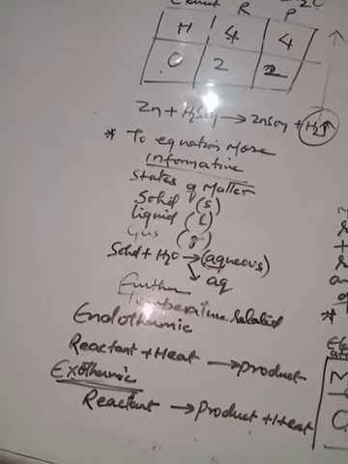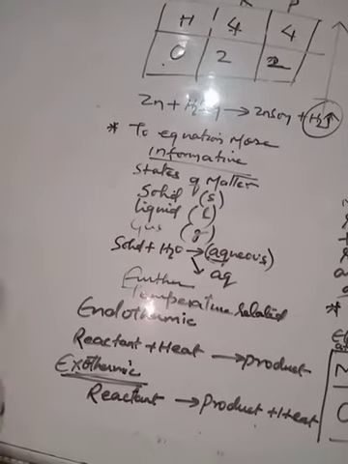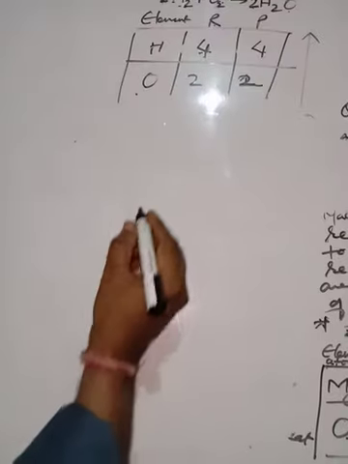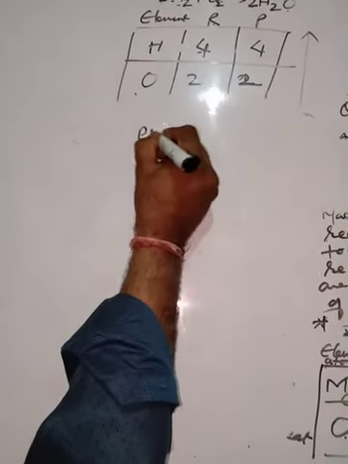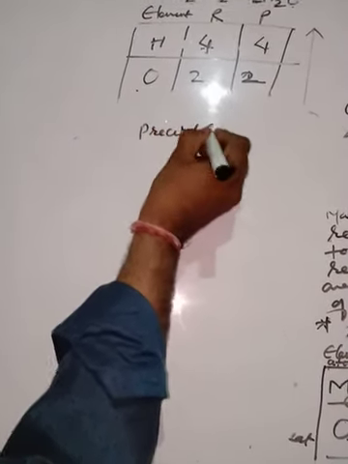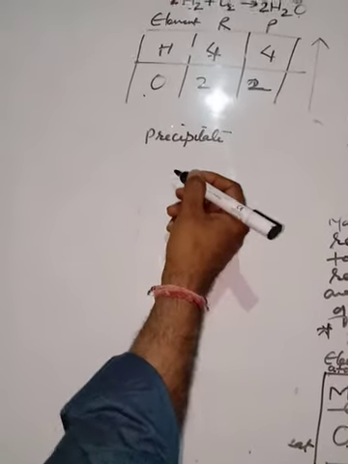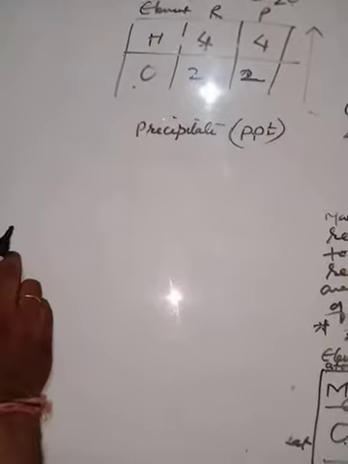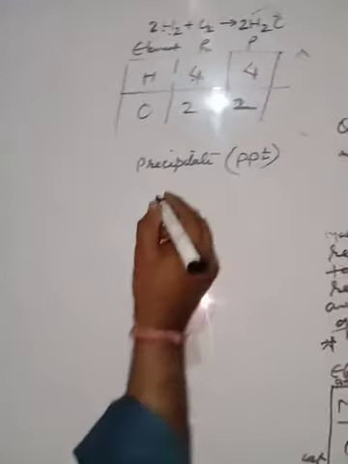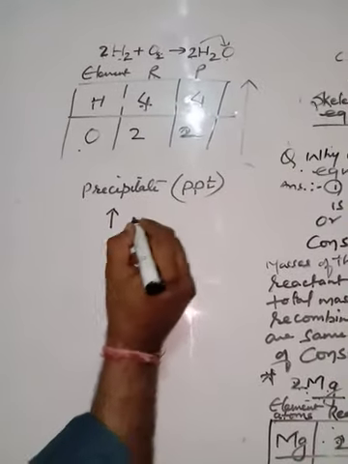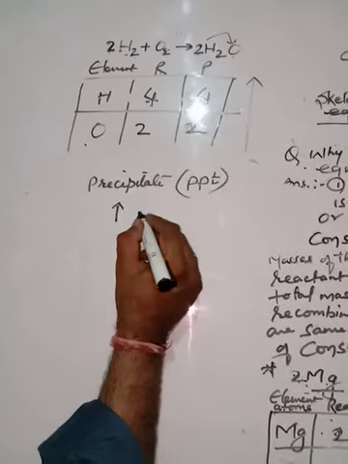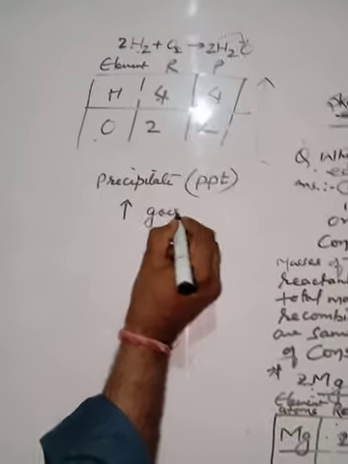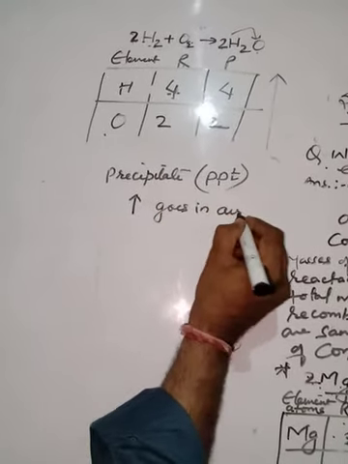Now we can write more informatively. So for more information, if we write precipitate, that is the solid mass, that is the turbid mass, it is mentioned as ppt. Suppose we use an upward arrow, it means the component goes into the air.